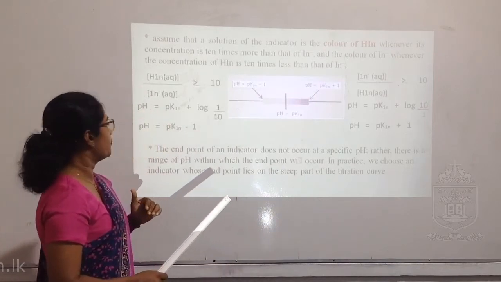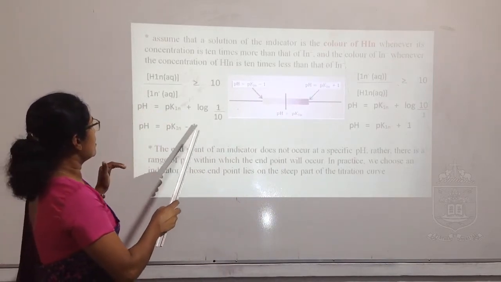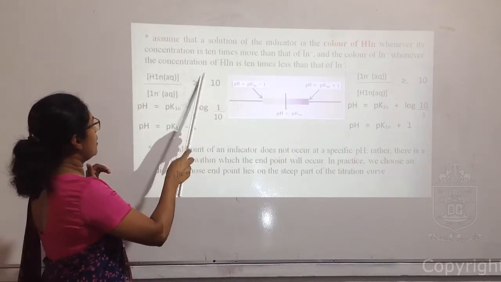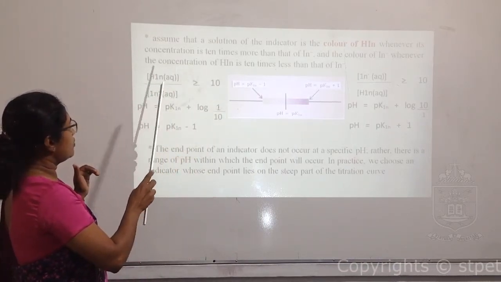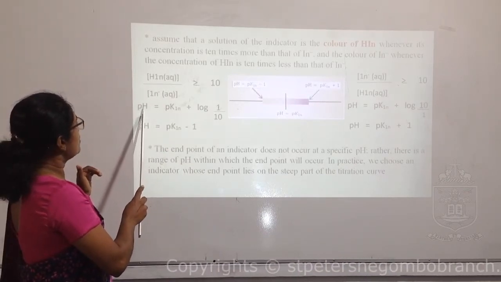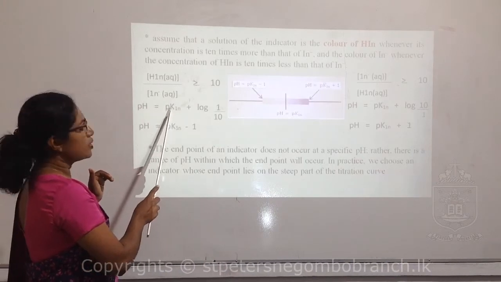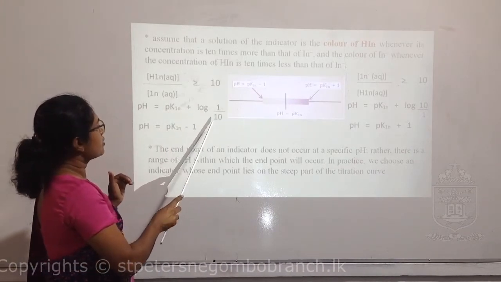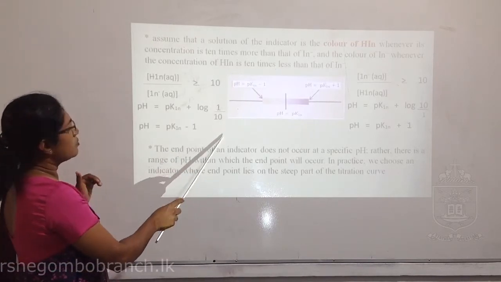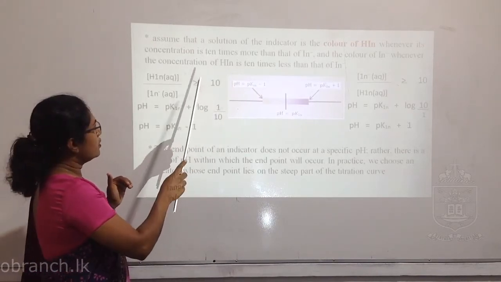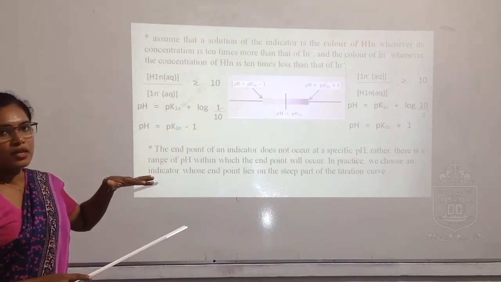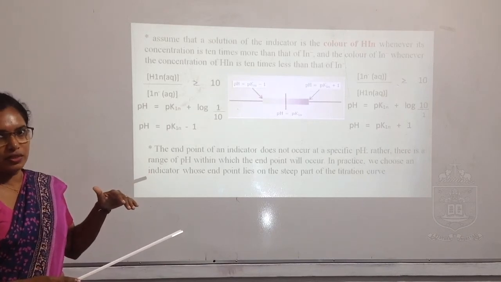If we use that data, pH equals pKIn plus the log of the ratio of the concentrations of In minus and HIn.